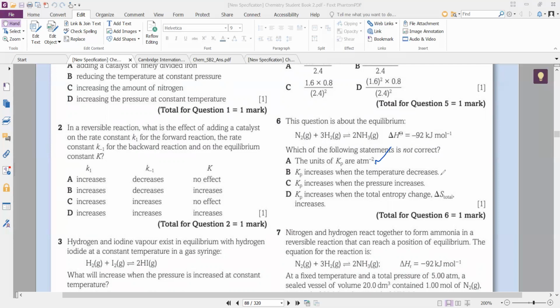Increasing temperature will decrease the Kp. Yes. Kp increases when the pressure decreases. That's the answer. K depends only on temperature.